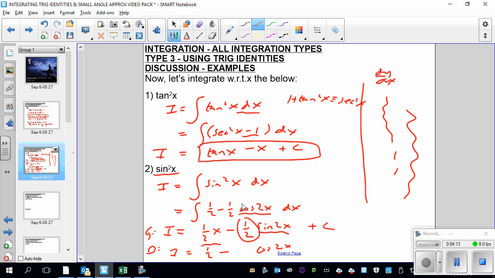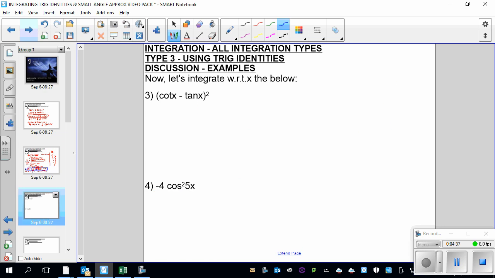And the 2 comes out, so actually that counts as a half. And the c wouldn't be there. So I would get cos 2x, but I need minus a half cos 2x. So actually I need to adjust and change this half to a 4. Okay? So this would be my adjust column from our GDA. I just haven't got that much space. Alright, so make sure you're differentiating to check.